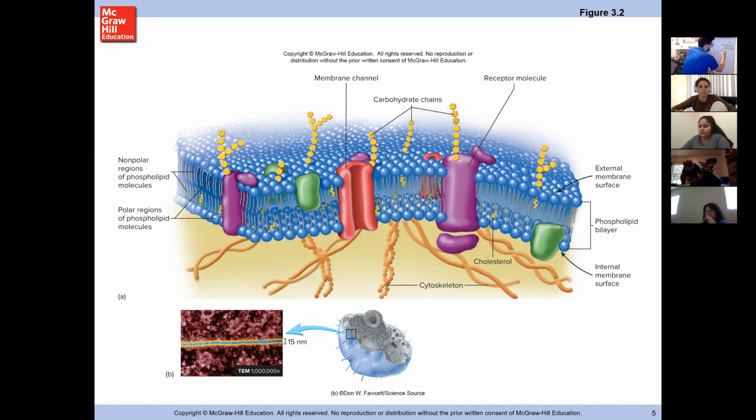So externally. And then actually, here, because I'm going to use the word internally again, so we'll say cell side.